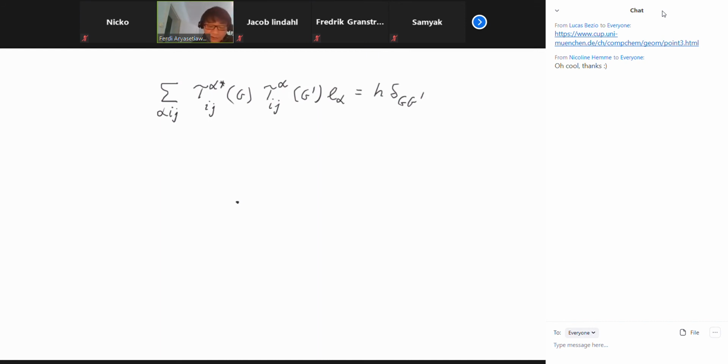You sum this over G belonging to a certain class, let's say CK, and sum over G prime belonging to a certain class CL, let's say. Yeah, so you do the same here. You do the sum G in CK, and G prime in CL like that.